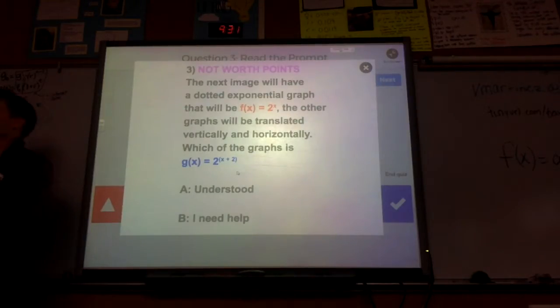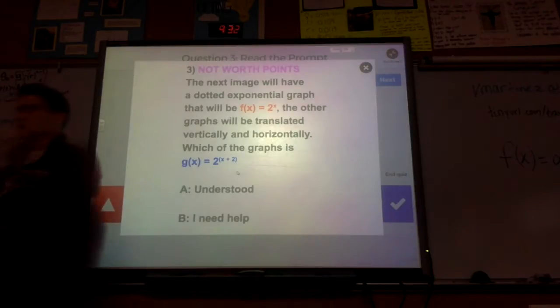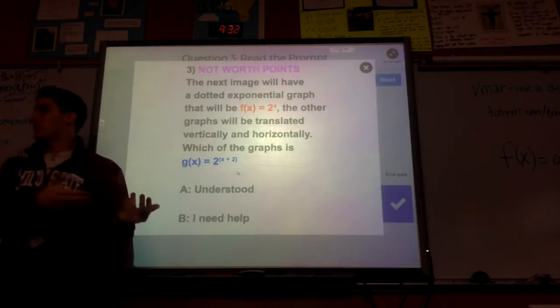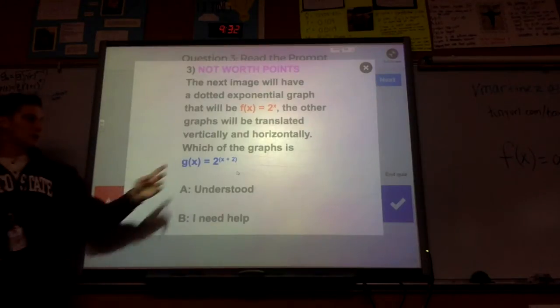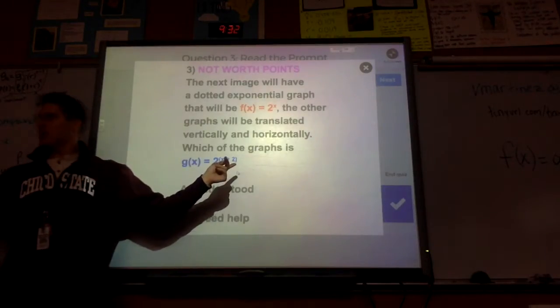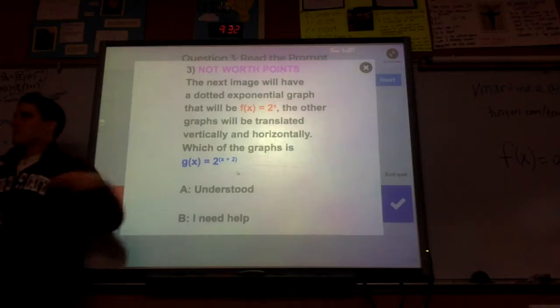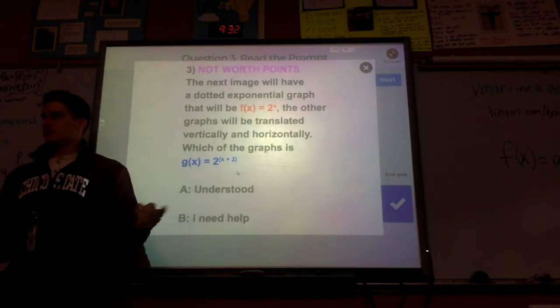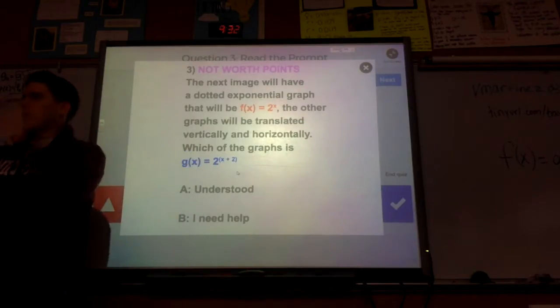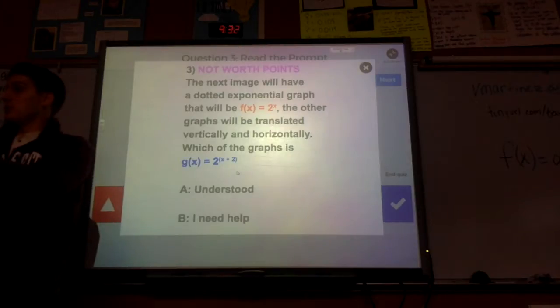Yeah. Okay. So the purpose of this is for me to identify that part of it. I'm going to say this once and I'm not going to do it again because this is a pre-assessment. If I have something affecting x right away, it is a horizontal, just as you said. But you see how this is a plus 2? Naturally, our minds would start to think, oh, I'm going to go to the right because plus 2 is positive. But it's actually counterintuitive.